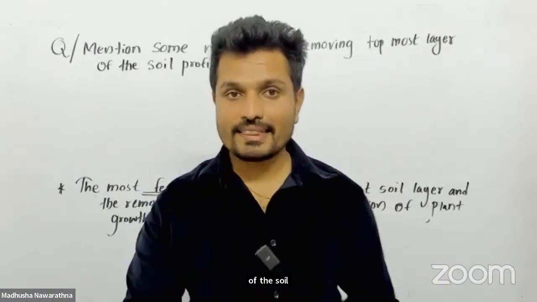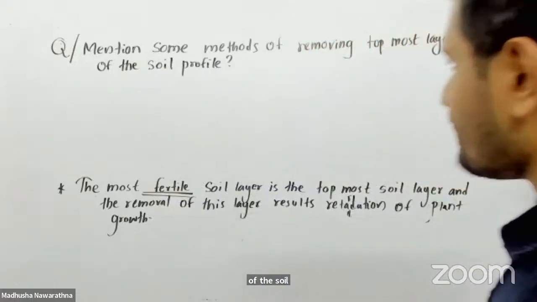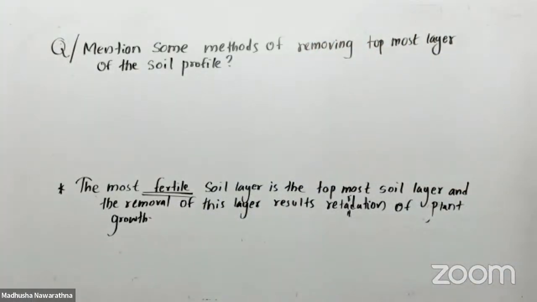Here, don't write methods as by wind, by water, by animals. We need to discuss a little how it happens. Write this question so we can discuss this. Done?